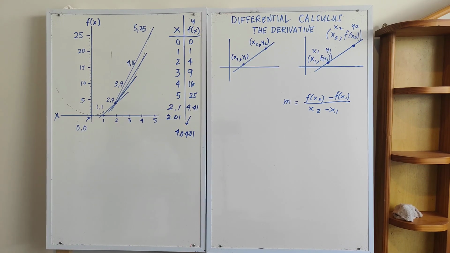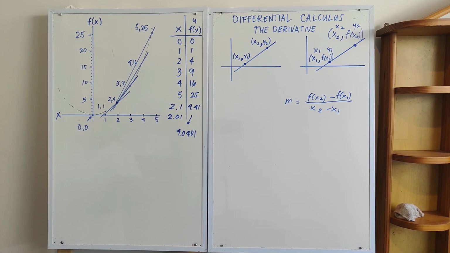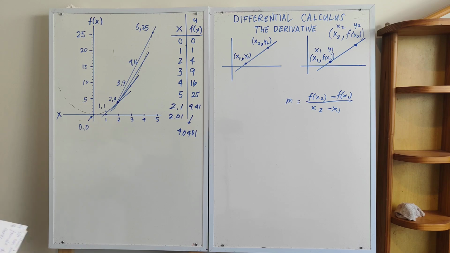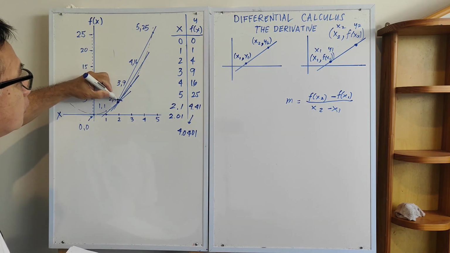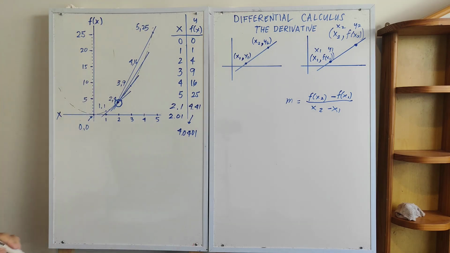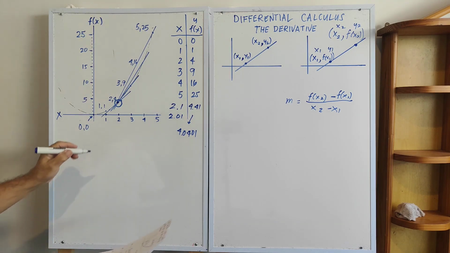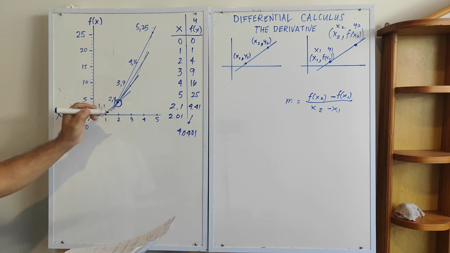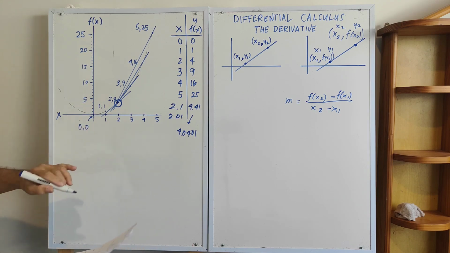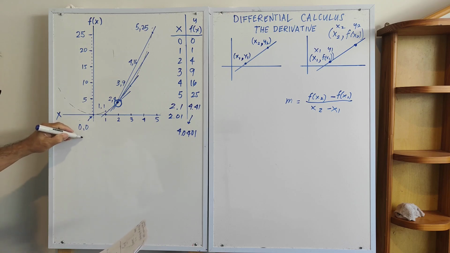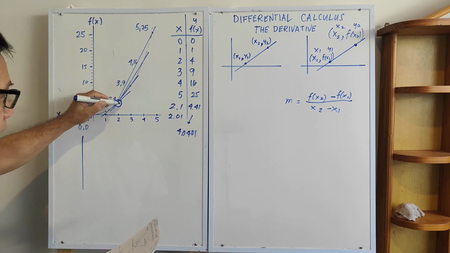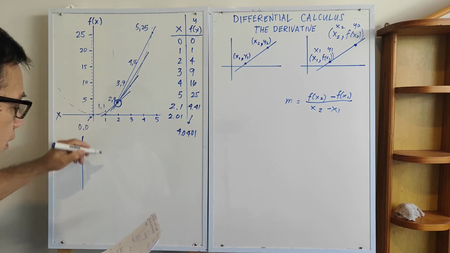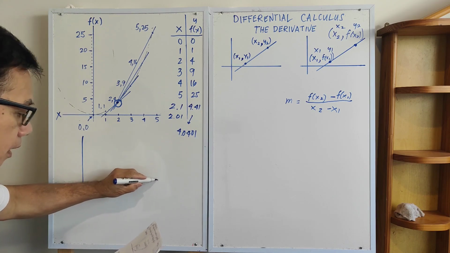We can now make a general formula for the slope of a curve. First, I would like to magnify this point, the one where we want to get the slope, and we will put general numbers or general variables so we can use it at any point. So I will magnify this one, so it will become like this.